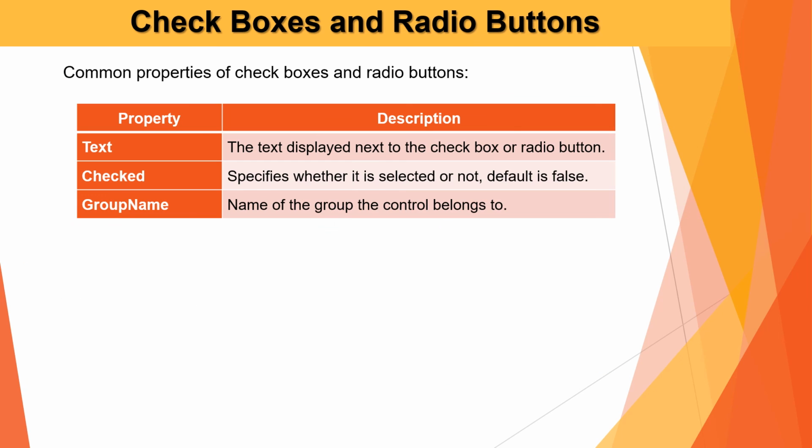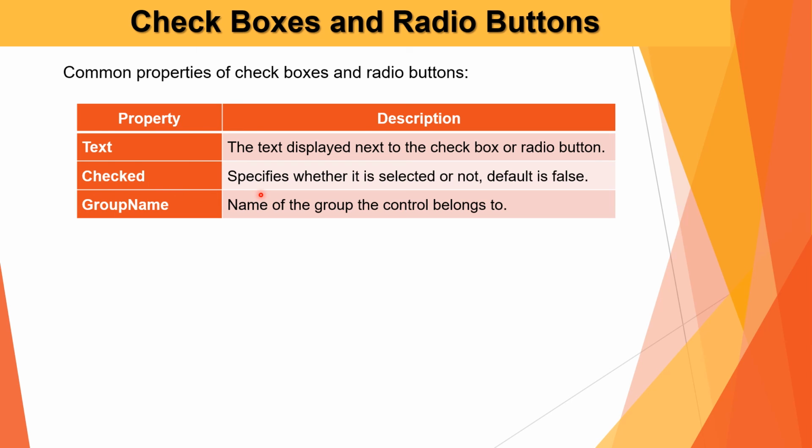The important common properties of checkbox and radio buttons are: Text is one of the important properties, the text displayed next to the checkbox or radio button. The same properties we can place with the checkbox as well as radio button.